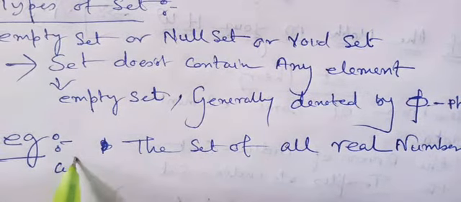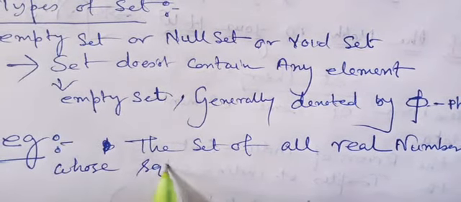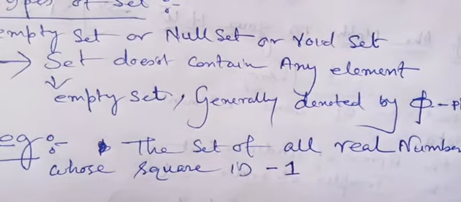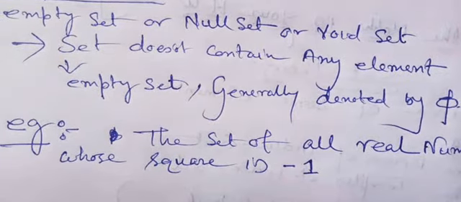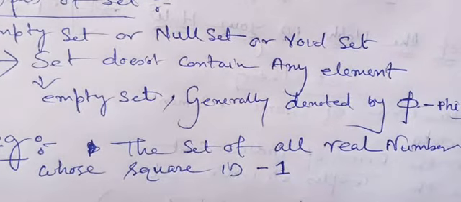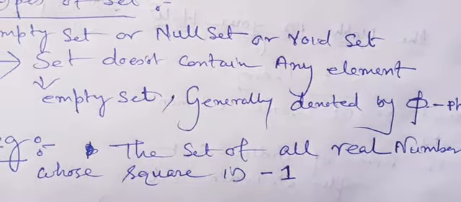Is there any possibility that we can get any real number whose square is -1?